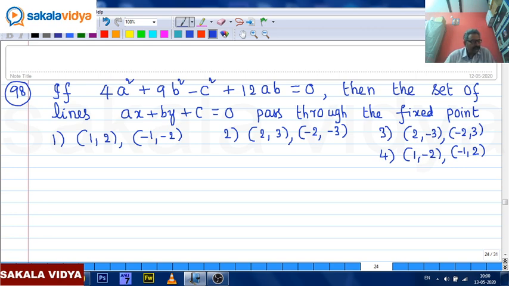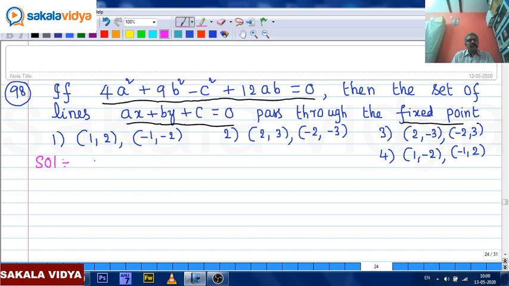Okay. Right. 4a square plus 9b square minus c square plus 12ab is equal to 0. Then the set of lines ax plus by plus c is equal to 0 passes through the fixed point. Solution. First consider 4a square plus 9b square plus 12ab minus c square is equal to 0.